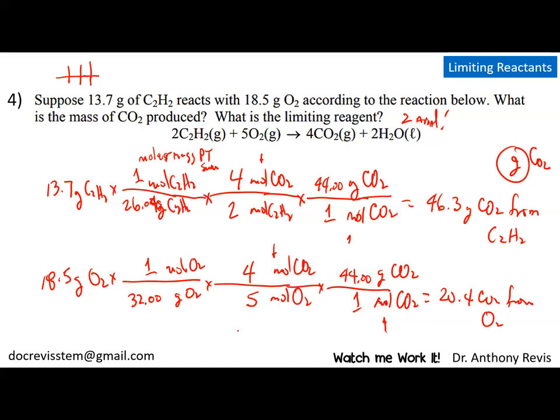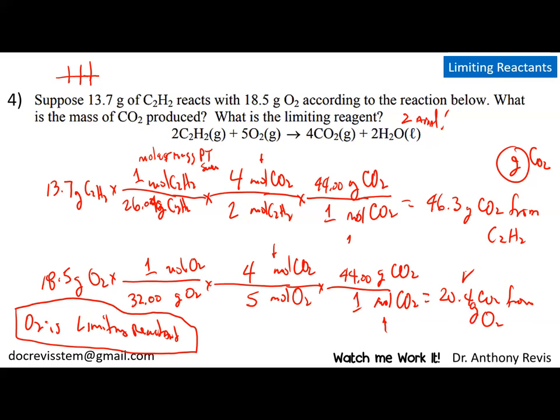Therefore, O2 is the limiting reactant, because we get the least number of grams from this. This should be grams right here, with the right number of significant figures. All right, so that's it. That's how we work problems involving these limiting reactants and these reaction calculations.